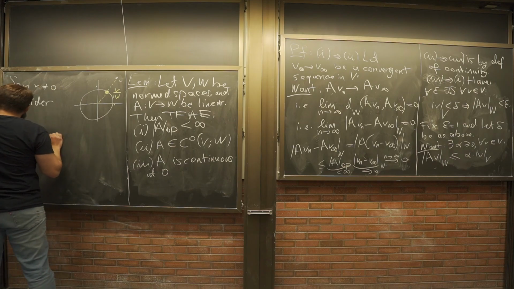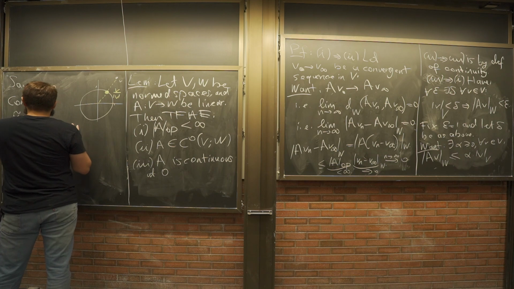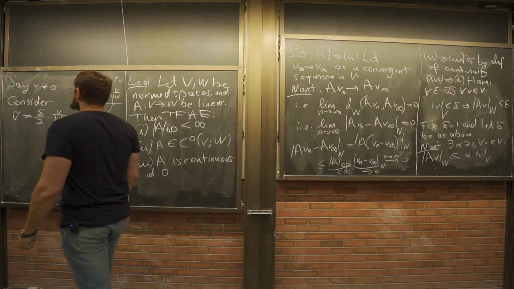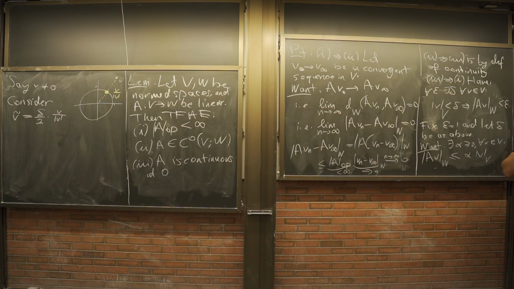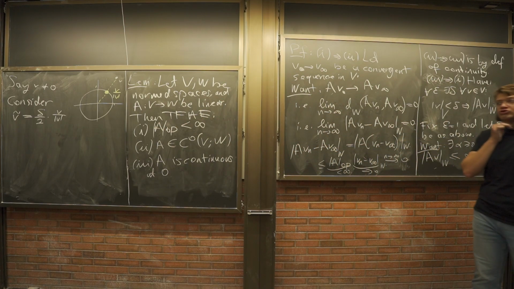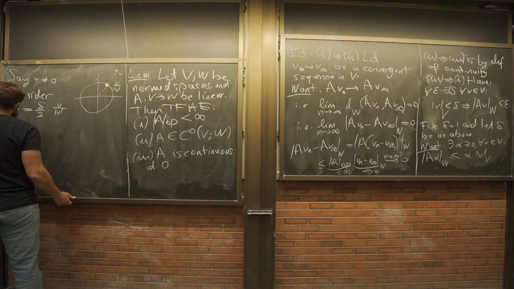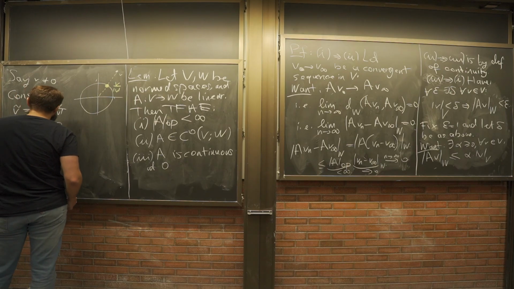Let's say V tilde defined by delta over 2 times V divided by V norm. The norm of this vector is delta over 2, which is less than delta.